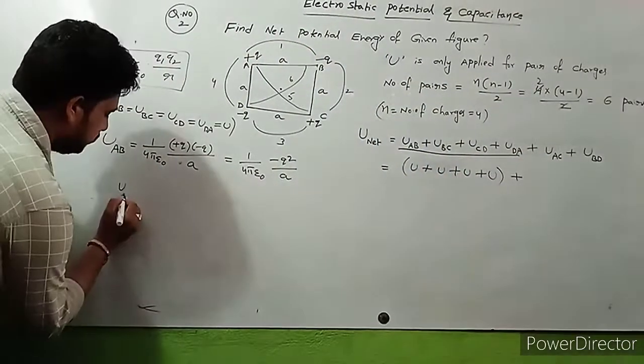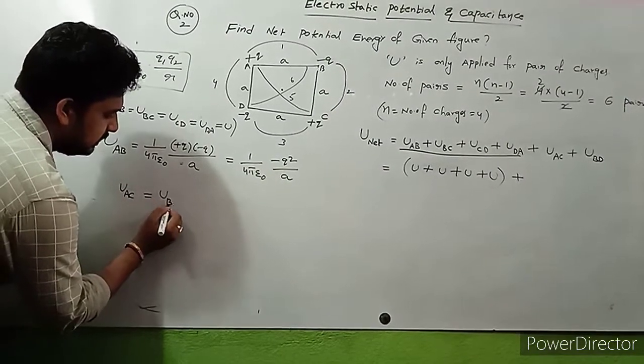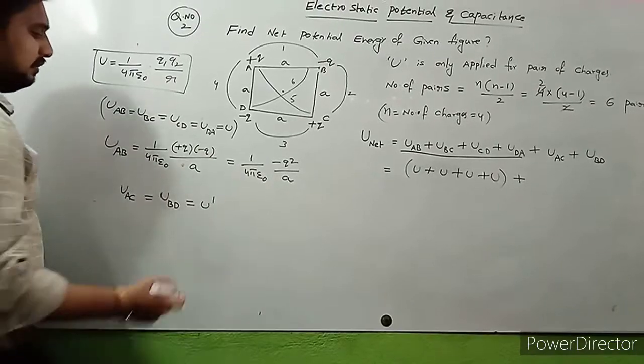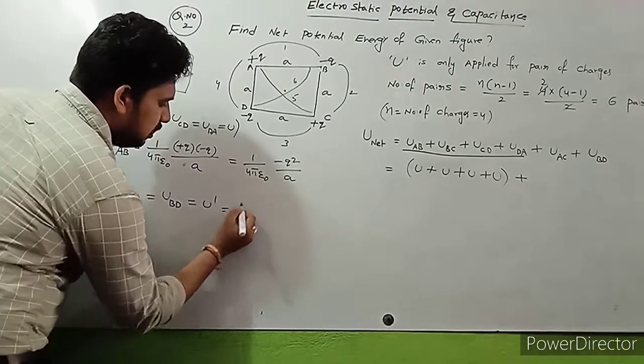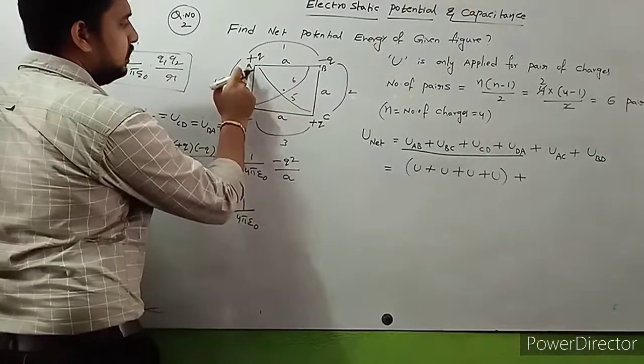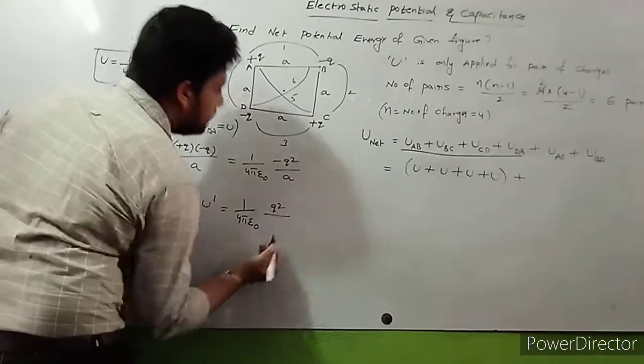UAC and UBD are the same, considered as some U dash. Now what is that value? 1 by 4 pi epsilon naught into q into q, q square, by the distance between them.